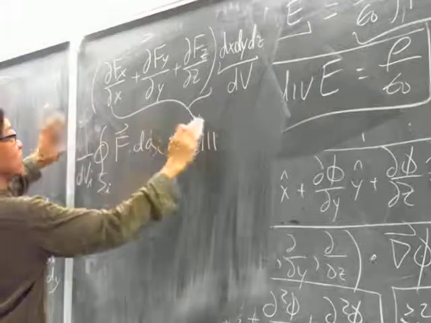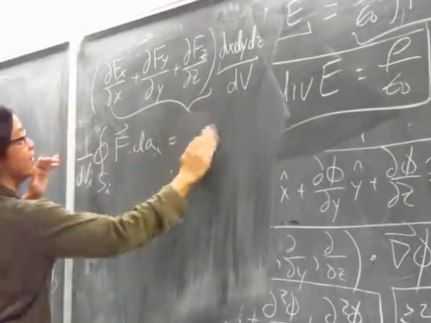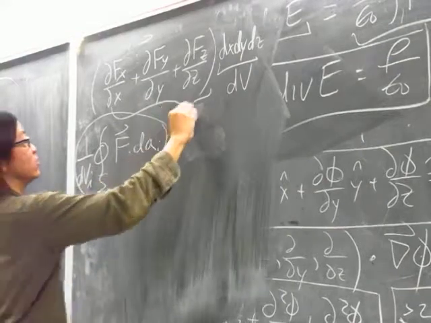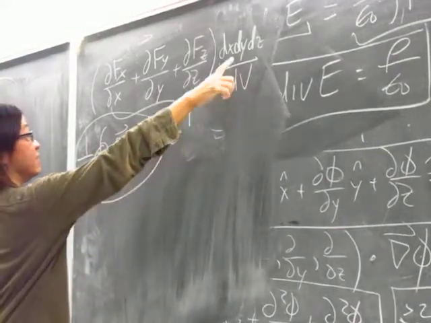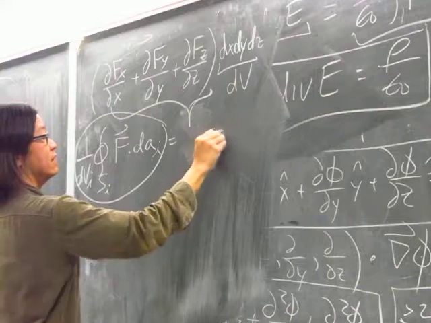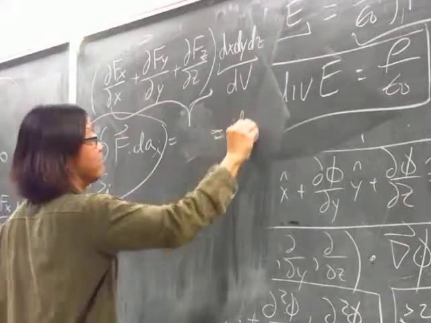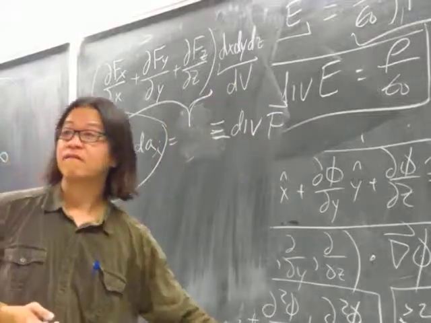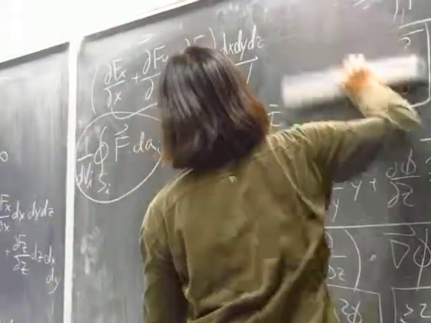You define this whole integral, which in the end is just equal to that because the dV cancels. You define it as equal to the divergence of F.